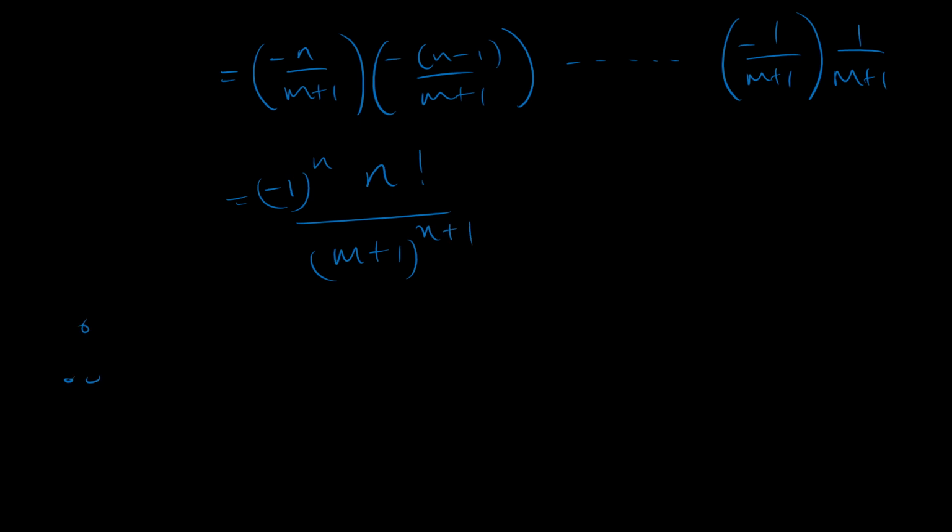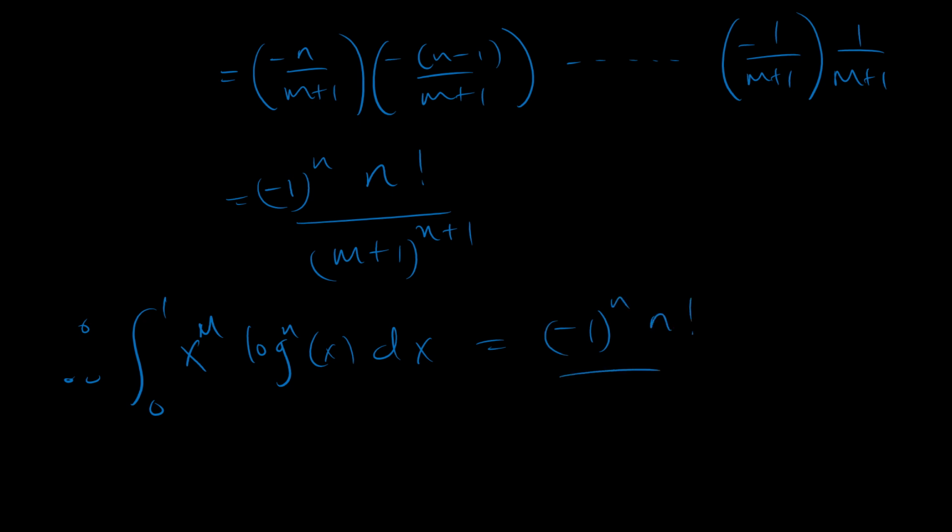Therefore, if you had an integral from 0 to 1 of x to the power m times the natural logarithm to the power n of x, that is equal to negative 1 to the power n, n factorial over m plus 1 to the power n plus 1. So this was just a by the way, and so we are going to continue.